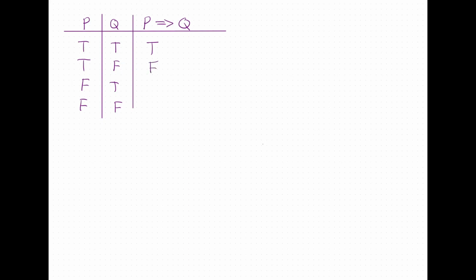Now, here's where we take a departure from how if and then are used in everyday language. Mathematically, when we have a false premise, we are actually going to get that these two truth values are true.